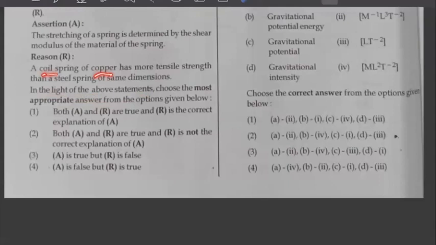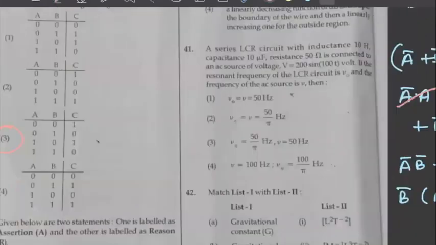Coil spring has more tensile strength, so the reason is wrong actually. Steel spring has more tensile strength, and obviously this reason has nothing to do with A, right? Shape, yes, modulus of rigidity. Nothing to do with it. So A is right, R is wrong. Both are not true. A is true, R is false. Yes, this one. We'll go with the third one.